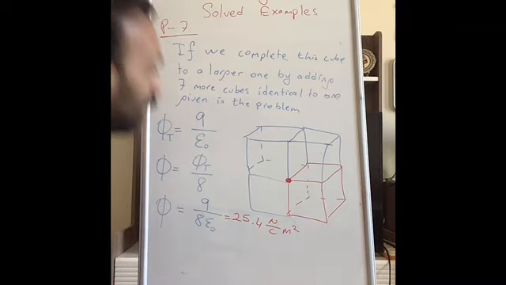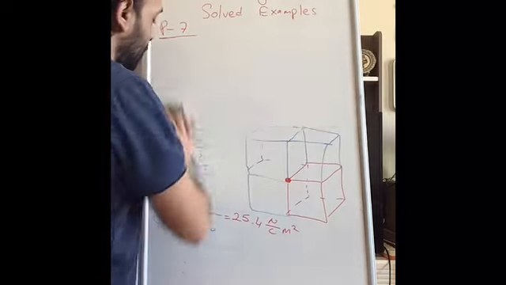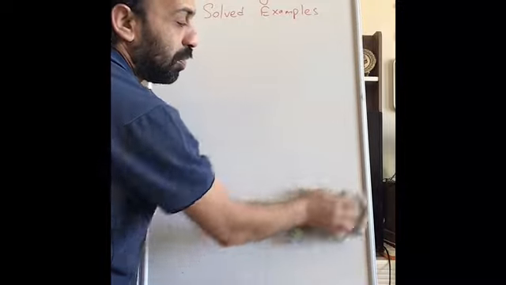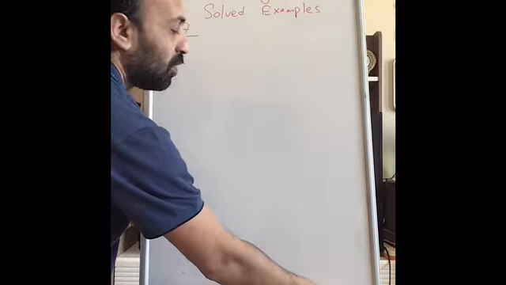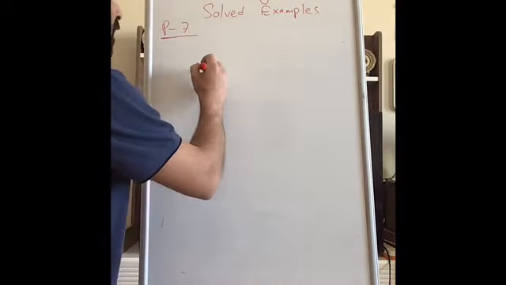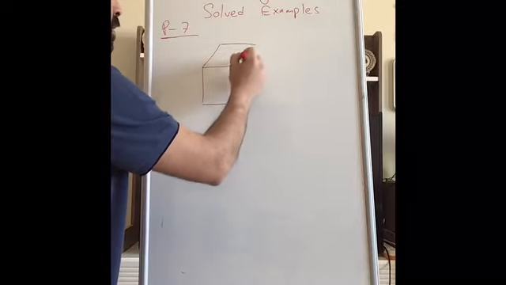Okay, the second part is asking to calculate the electric flux through each face of this cube. So this cube has 6 faces and we are going to calculate one by one, but actually it's going to be easy. Let me just draw our cube again here, for the second part.